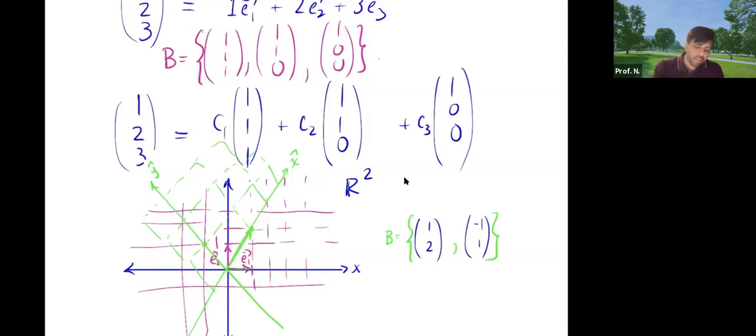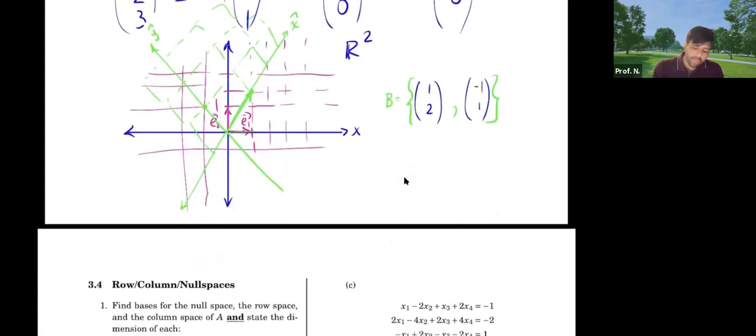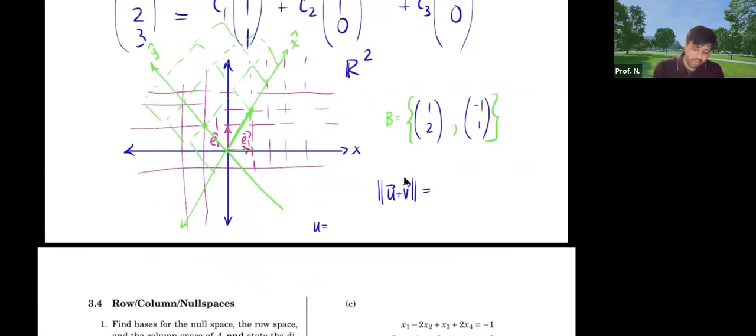U plus V, the norm of this is literally adding U plus V and then taking the norm of that vector. For example, if U was 1, 2, 3 and V was 4, 5, 6, how do you add U plus V? You just add to get 5, 7, 9. Then I take the norm of that vector, which is taking the square root of the sum of each entry squared.